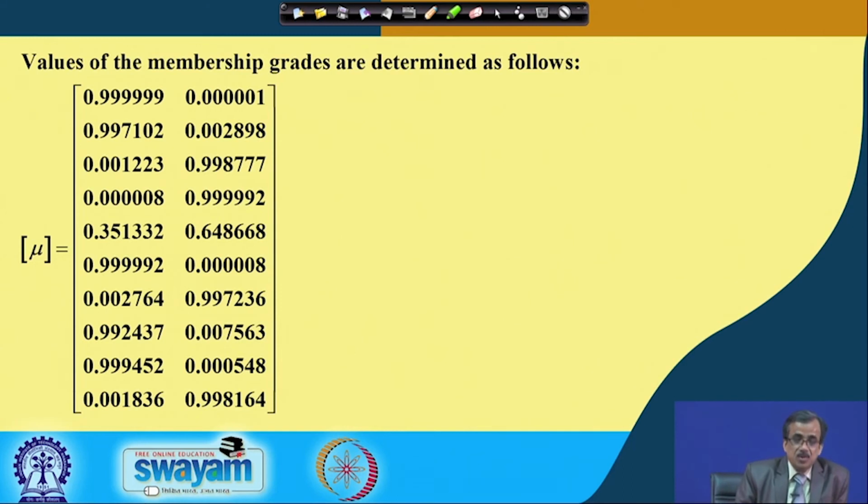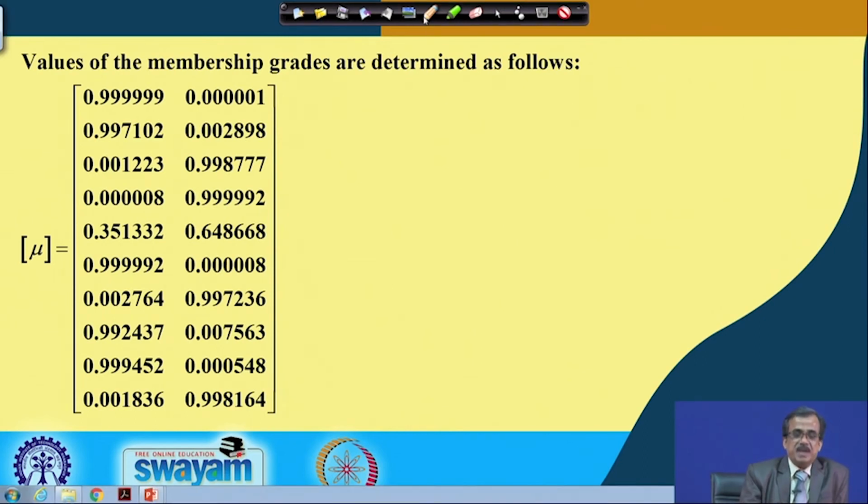Now, let us try to relook at what it means. Let me repeat the same thing. If you see this mu matrix and concentrate here, what is the practical meaning? The meaning is something like this. The first data point belongs to the first cluster with this much membership value.